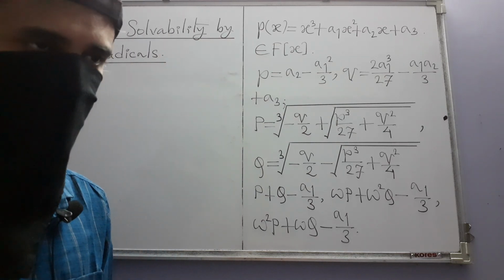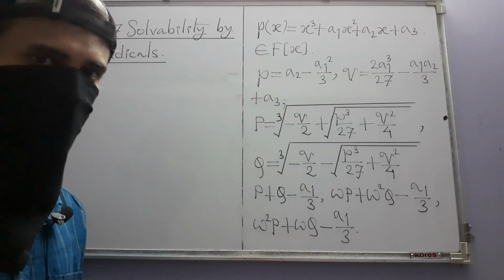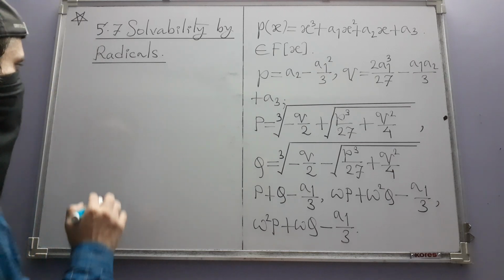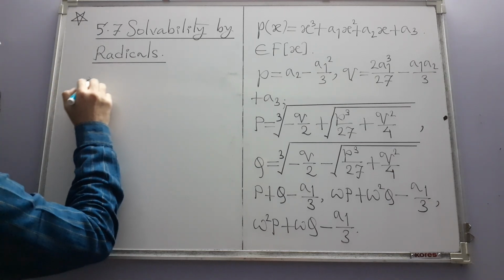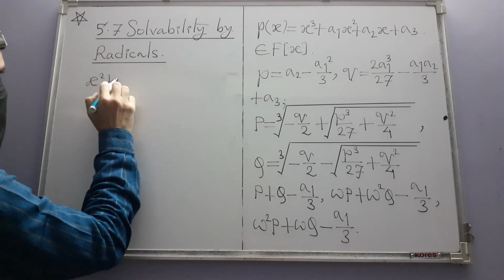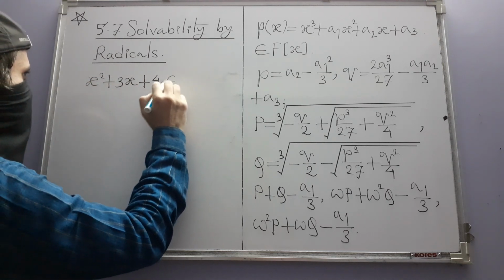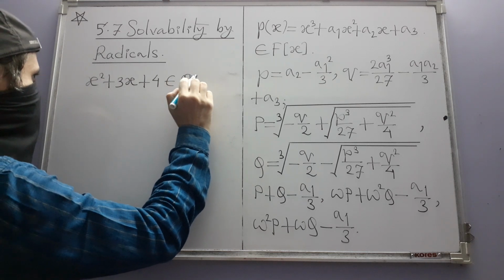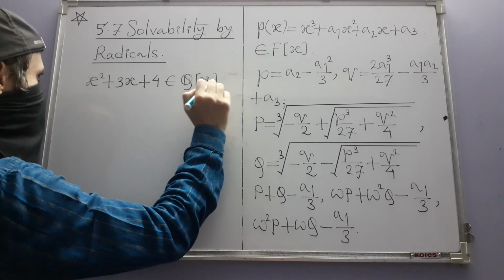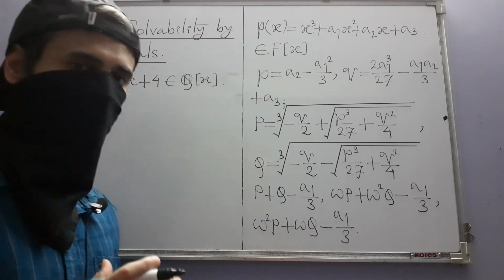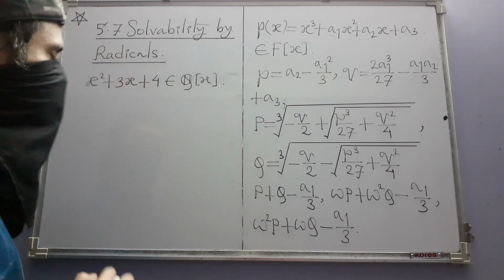So to start our discussion, let us consider a specific quadratic polynomial with rational coefficients. This polynomial, x square plus 3x plus 4 over the field of rational numbers Q. From the quadratic formula, we know what its roots are.